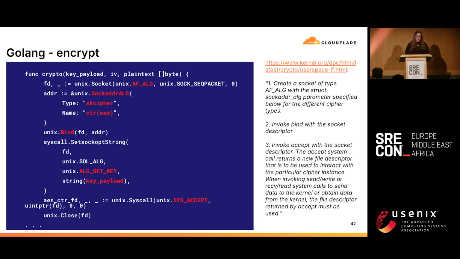With the second step, we need to bind on this socket, which is what we are doing. And for the final step, we need to invoke the accept system call. The file descriptor returned by this system call will be used for operations like encryption and decryption. But before accepting this system call, we also provide the key payload.